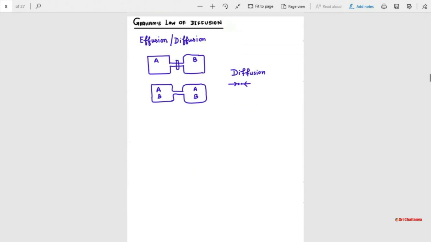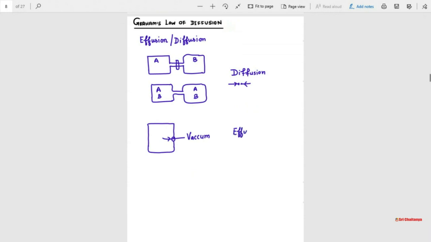When we are talking about effusion, effusion is related to the movement of a gas through a tiny hole into a vacuum, right? So when a gas is moving out of a container through a tiny hole into a vacuum, then we use the word effusion.